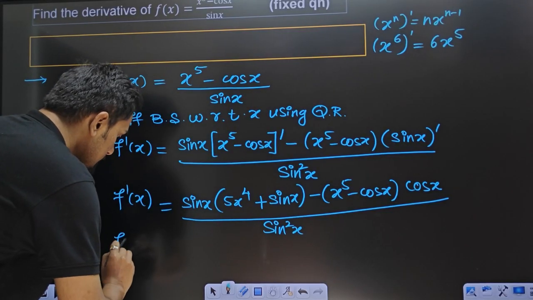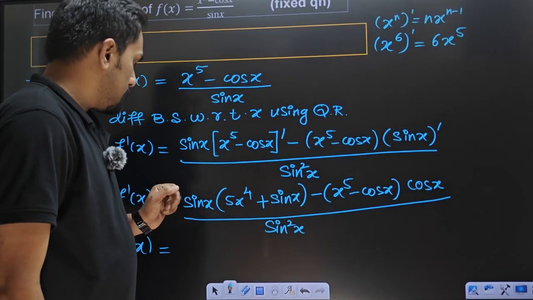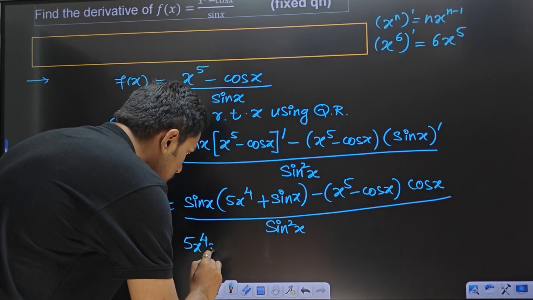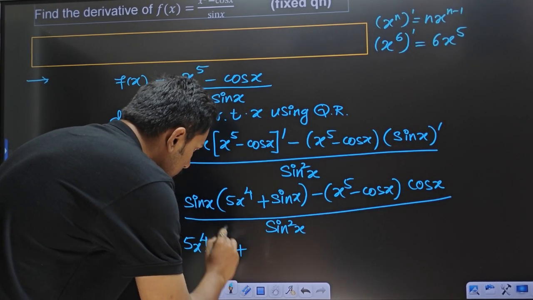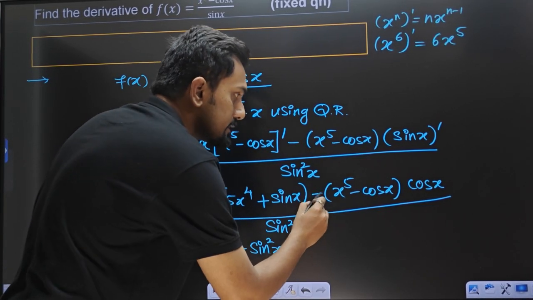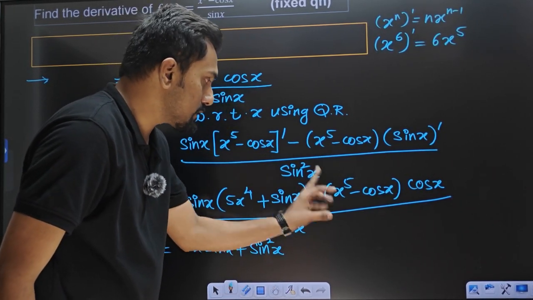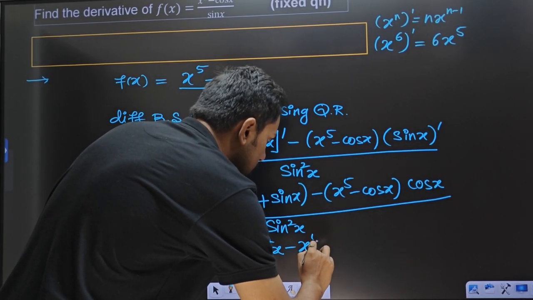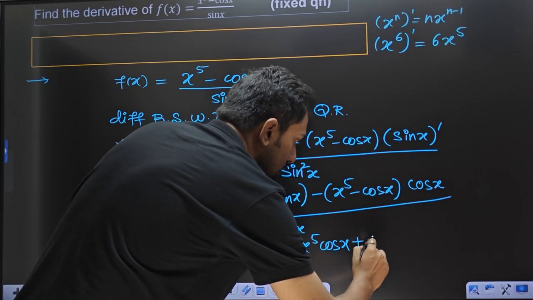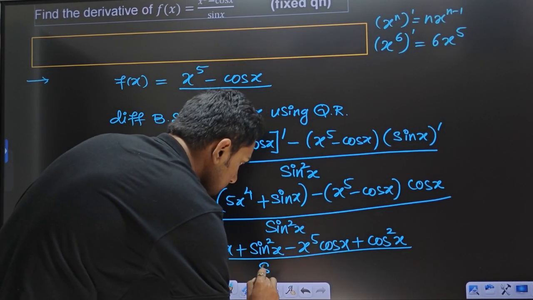And the last step is f dash of x is equals to... Let us multiply with sin x. This becomes 5x⁴ sin x. Sin x into sin x becomes sin square x. Correct. There is a minus, so keep in mind that we are multiplying minus cos x with this, and it becomes minus x⁴ cos x. Minus into minus becomes plus, cos x into cos x becomes cos square x, divided by sin square x.